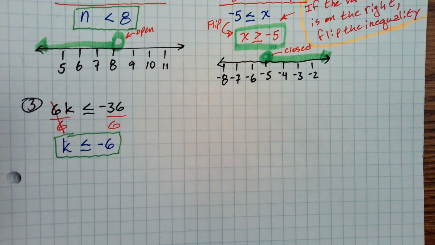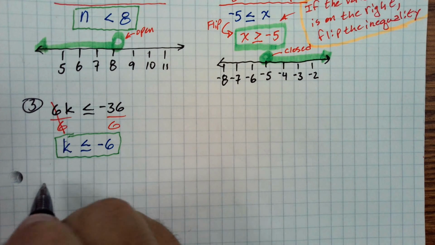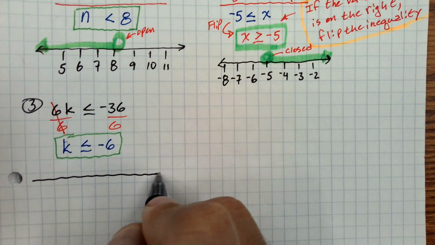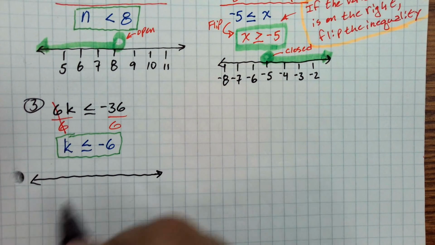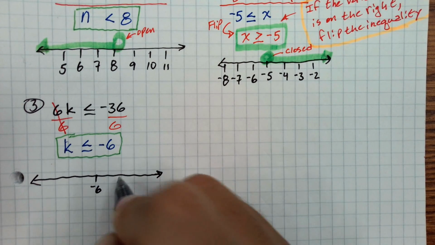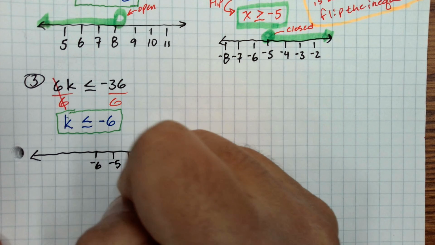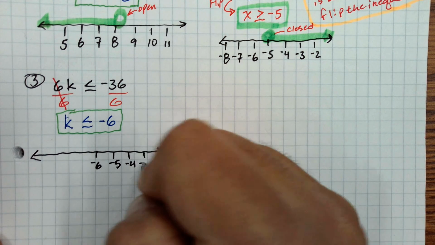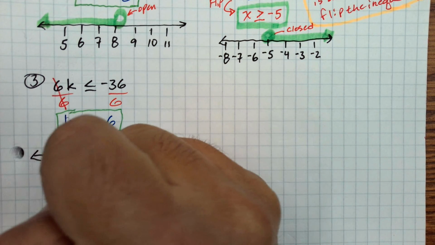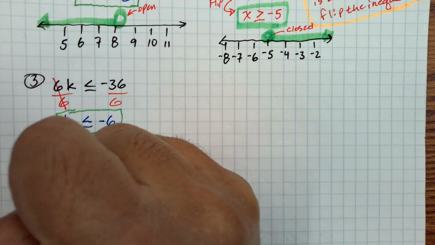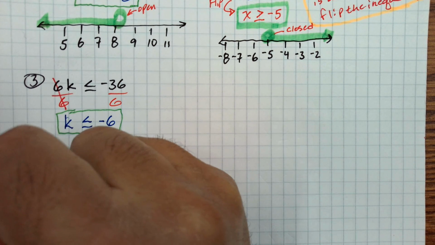Let's just make a number line graph. Here's -6, -5, -4, -3, -7, -8, -9.